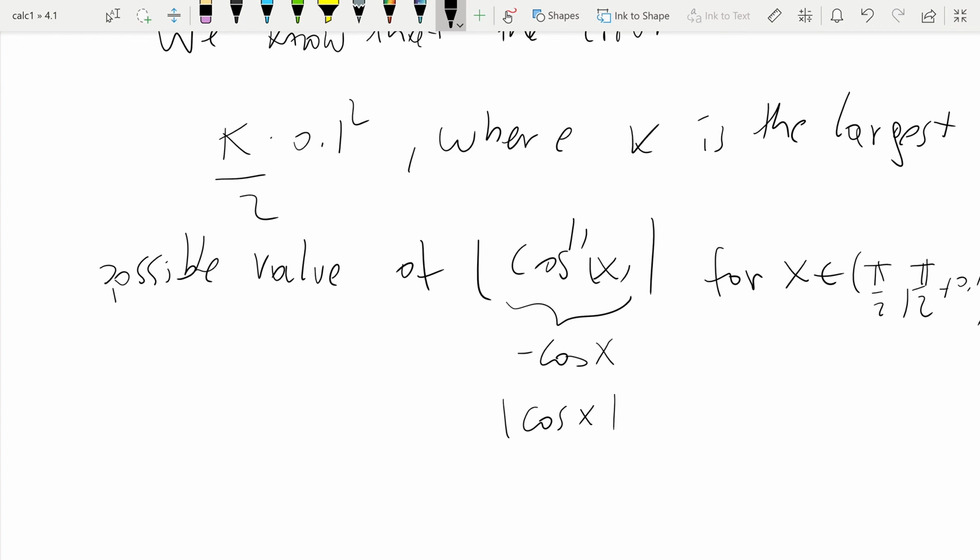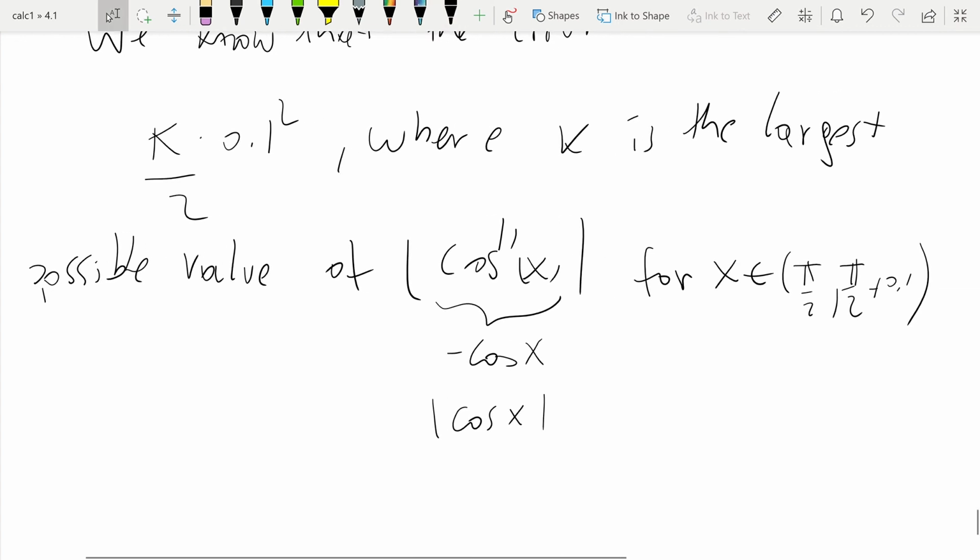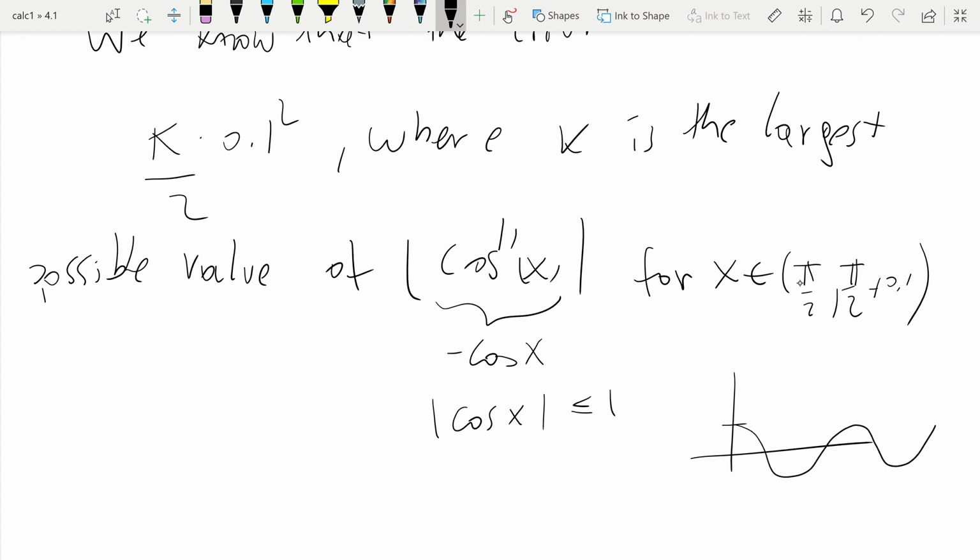And it doesn't matter whether we're in this small interval or not, cosine of x is always bounded by one in absolute value. Cosine just goes from minus 1 to 1, then goes back down to minus 1, etc. So it's always oscillating between minus 1 and 1.